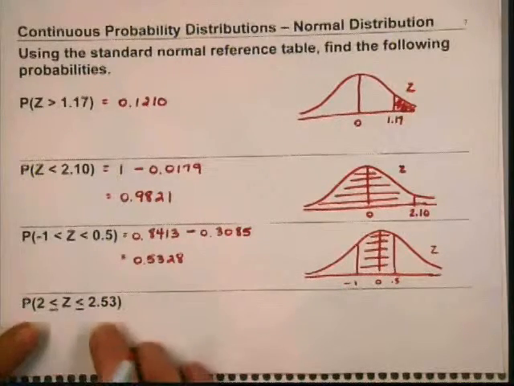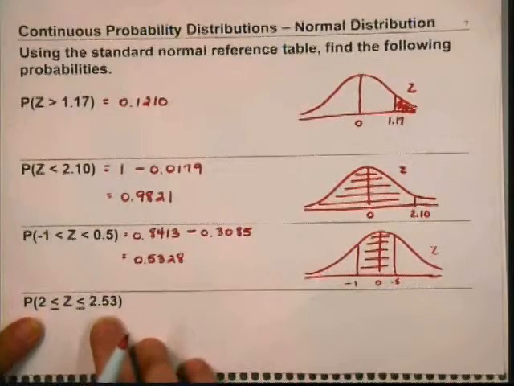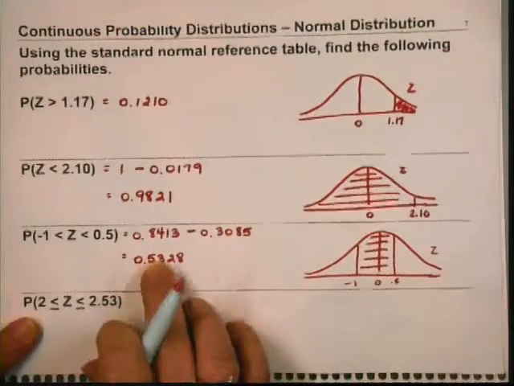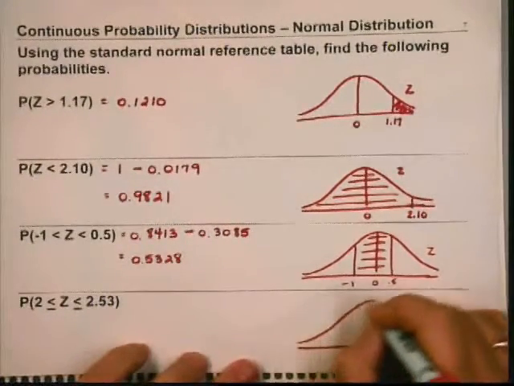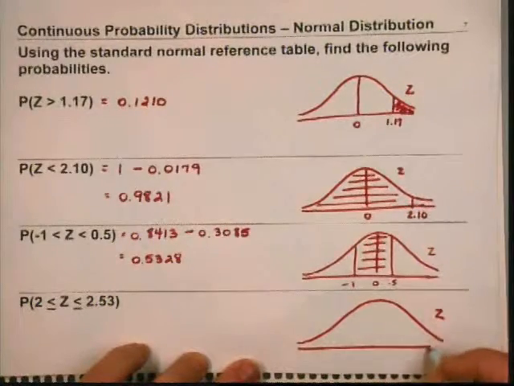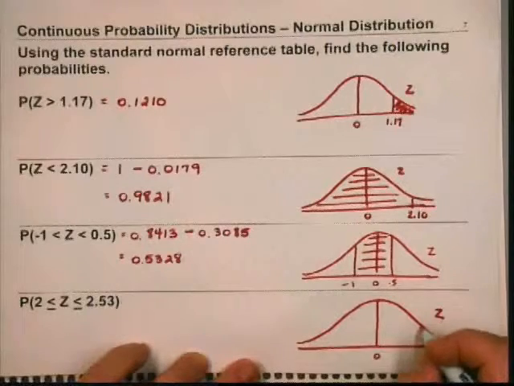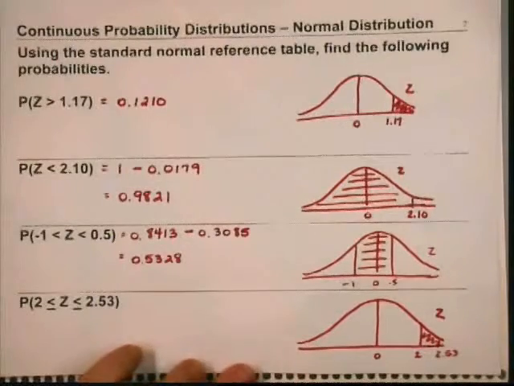What's the probability that Z is between positive 2 and 2.53? Would you go through the same sort of process that we did up here? Agreed? And we know it's going to be small.